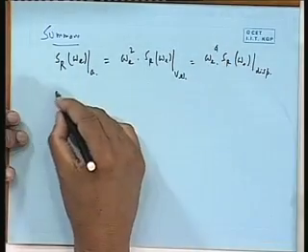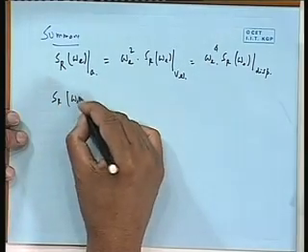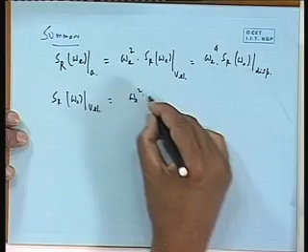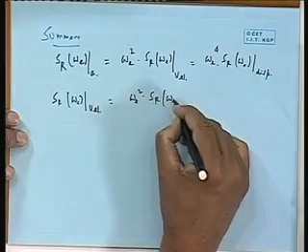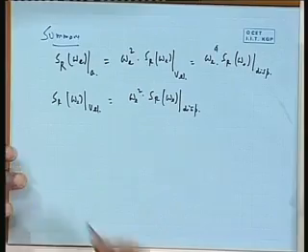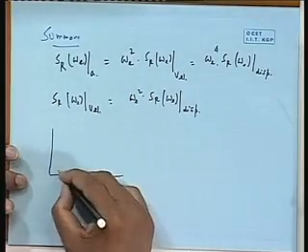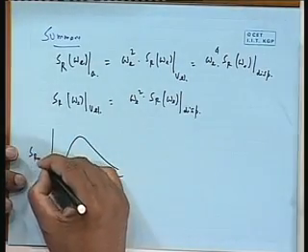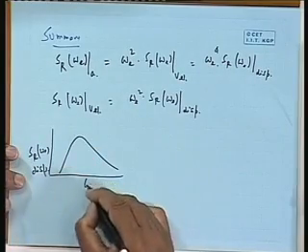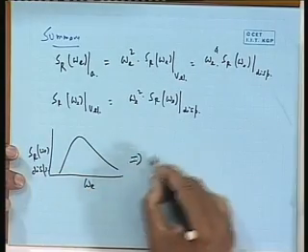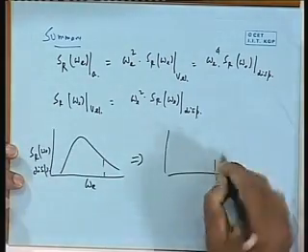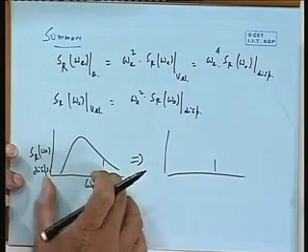And SR omega e velocity equal to omega e square SR omega e displacement. So now you have this SR displacement spectrum. Take any value here, and just replace it here with the square of this.